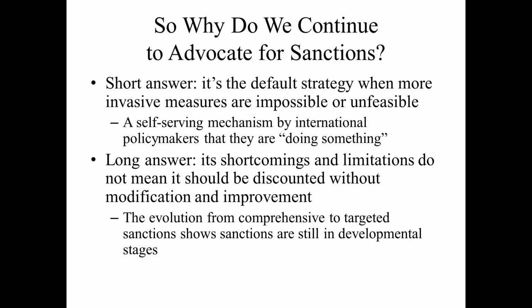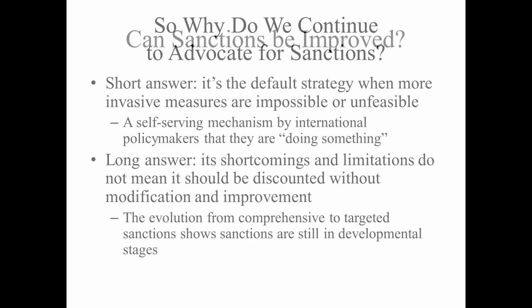But the fact that we have moved beyond blanket sanctions shows that there is some kind of evolutionary learning within the international community. And if newer incarnations of sanctions are able to somehow bypass the general population and go after the things that the ruling regime, the perpetrators, hold near and dear to themselves, well then, obviously that tells us that we should not throw the metaphoric baby out with the proverbial bathwater.